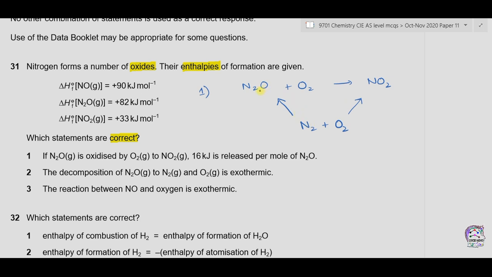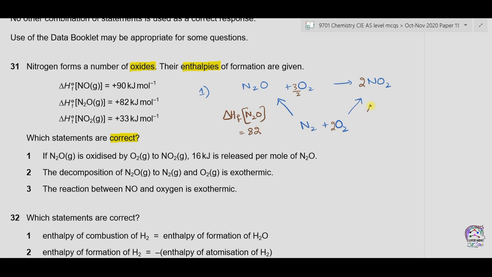We have 2 nitrogen atoms on the reactant side, so we can write 2 with nitrogen. Oxygen can be balanced by writing 2 and 3 by 2 with this O2. This arrow shows the enthalpy change of formation of N2O, and it is given in the question as plus 82 kilojoules per mole.